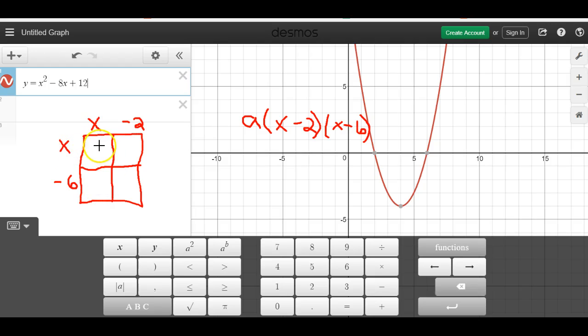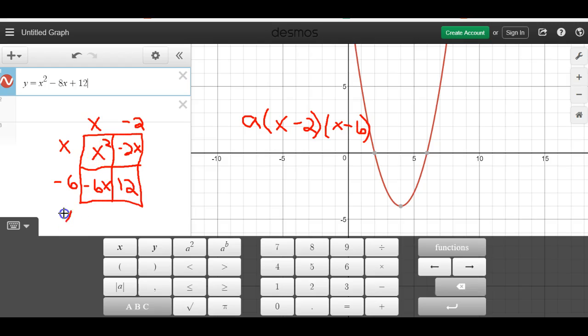So what do you have in this area? Here would be x times x, which is x squared. And we have x times negative 2, so that is negative 2x. Then over here we have negative 6 times x, so that's negative 6x. And then over here we have negative 6 times negative 2, which is positive 12. So let's write that whole thing out.